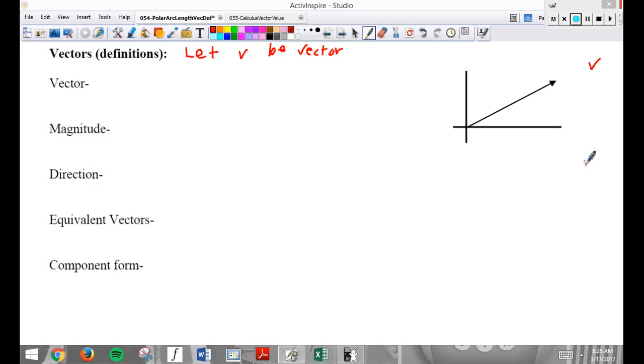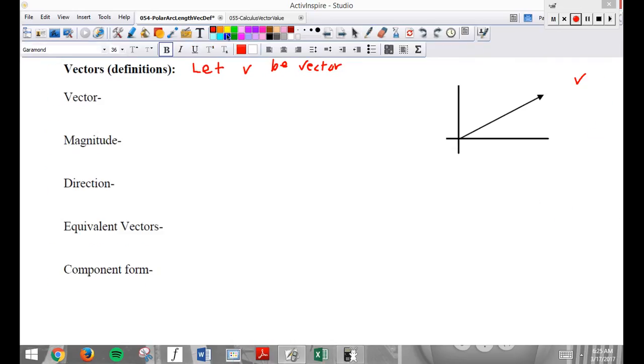So what is a vector? A vector can be called something like, and I'm just going to actually type it. You guys are going to be so impressed. No bold. One definition is a directed line segment.